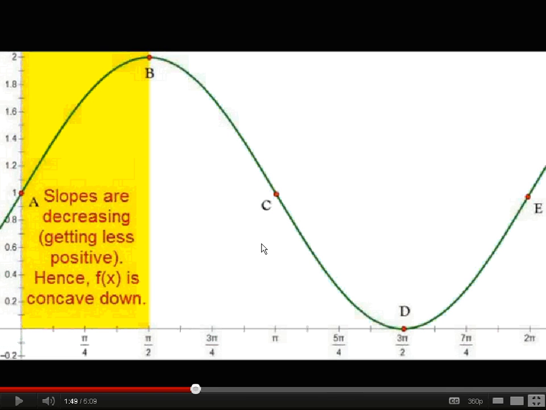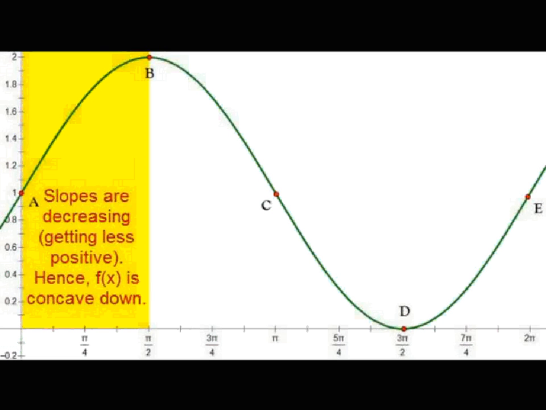Okay, this is the confusing part that people don't always get. Is the first derivative positive or negative here? Positive. The second derivative tells us if the first derivative is increasing or decreasing. Is the first derivative increasing or decreasing? It's getting smaller.